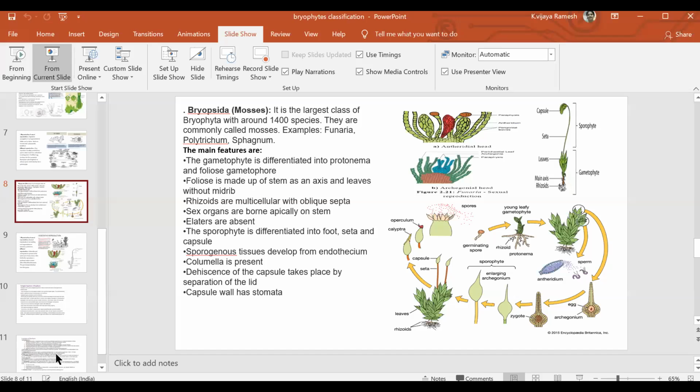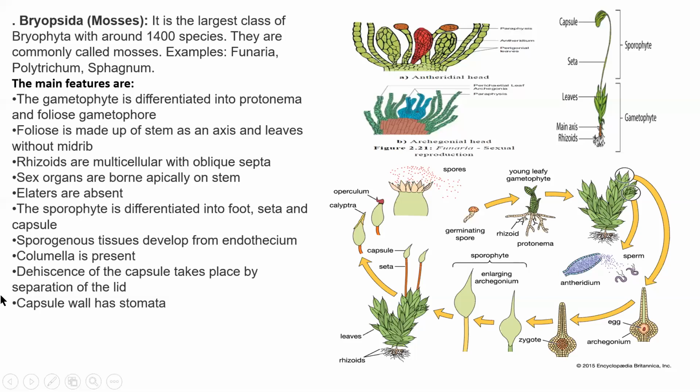So we were talking about the third major class in bryophytes, the Bryopsida, which is commonly called the mosses. And I was telling you about the thalloid structure. The gametophyte is differentiated into protonema, which is the one attaching the main plant body to the substratum.